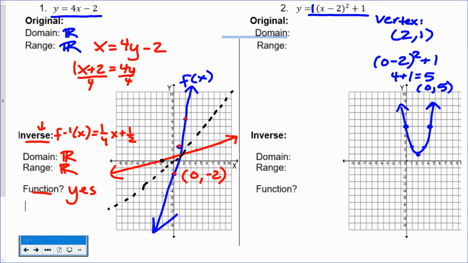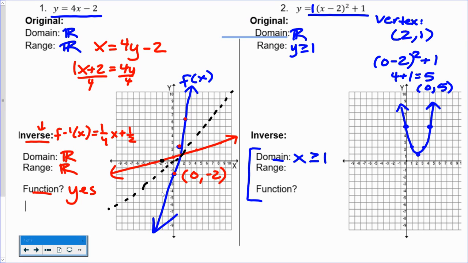Okay, so my domain would be all real numbers. My range: my lowest value for y would be at 1, so y must be greater than or equal to 1. So once we have those things, I can answer these 3 right now without even having my inverse function. My domain has to be my range, so now x is greater than or equal to 1.